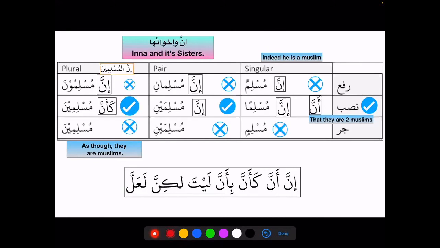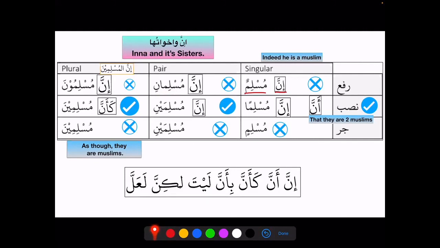Now if I say inna muslimun, is that the right construction of my sentence? No. Why not? Because muslimun is not nasab. Very good. So the right one would be inna musliman. Can I say inna muslimin? No, same thing, right? And can I say inna muslimani? No. Why not?